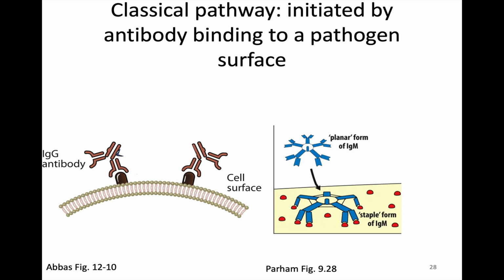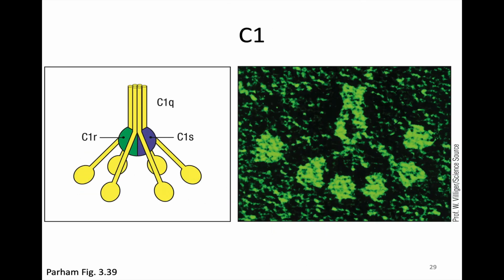Now, if you were in charge of the world and you were going to name the first complement protein that does something in this cascade, what would you name it? I told you a little bit about how we name complement proteins earlier. What might you name this one? Yeah. C1, perhaps? So the first protein that acts is C1. That's why we usually start with the classical pathway, because it starts with C1.